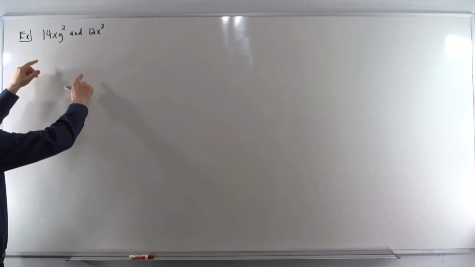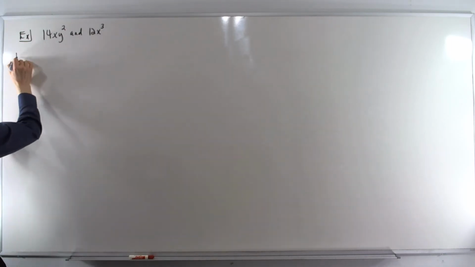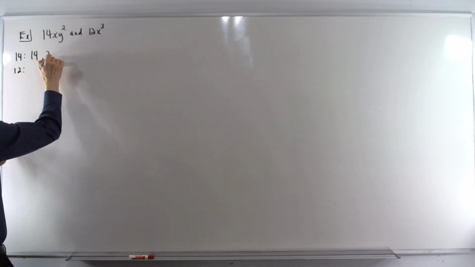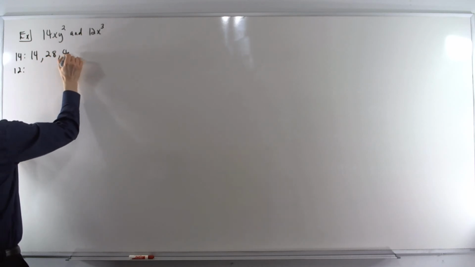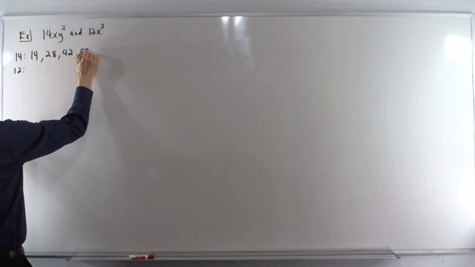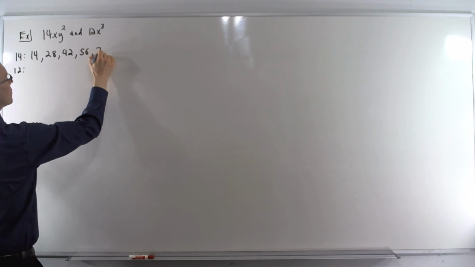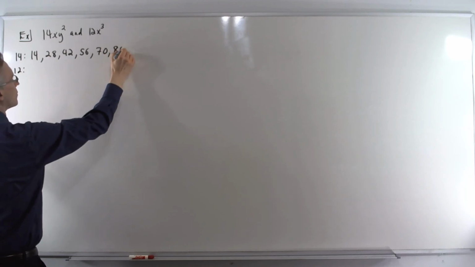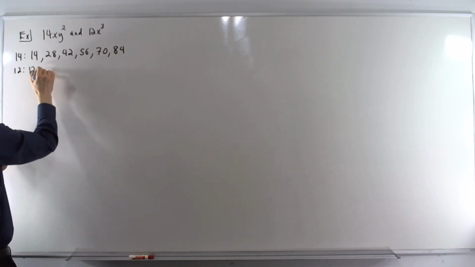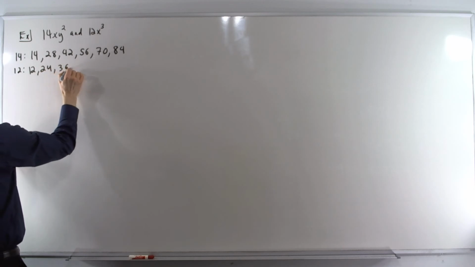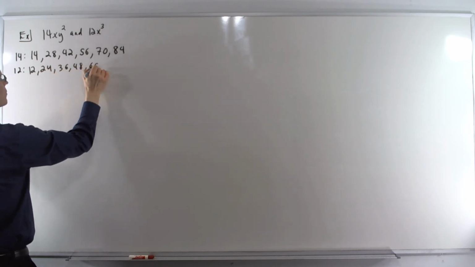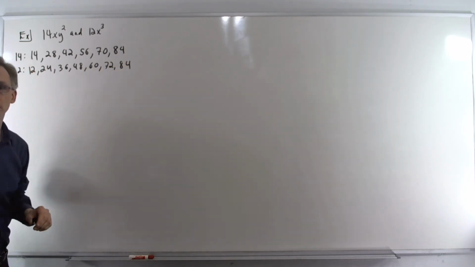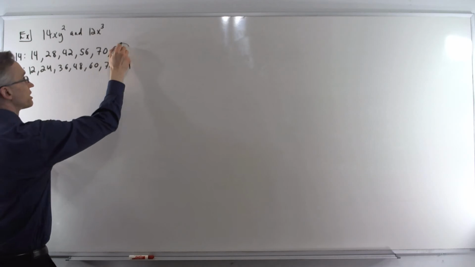We're going to start with the numbers, 14 and 12. All right, there's our multiples of 14 and 12. First match is 84.